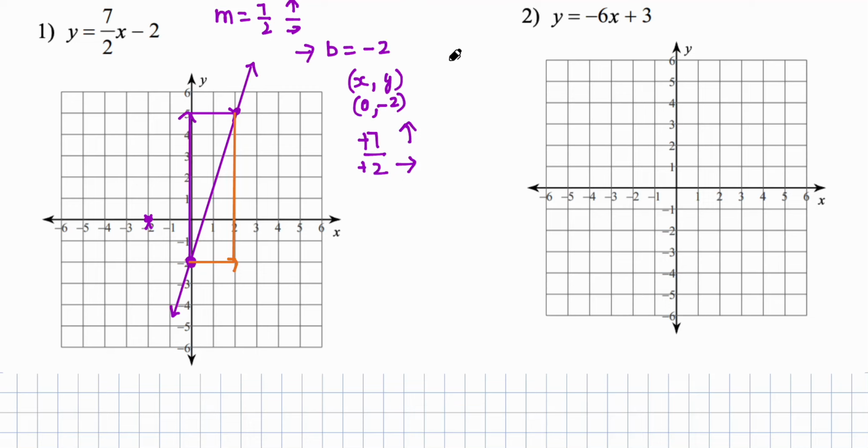Now let's see another way. What if I want to go from B to A, that means from this point to this point? Then my path will be a little bit different. First I have to come down here and then go this way. Because I am coming down, it will be a negative value, negative 7, right?